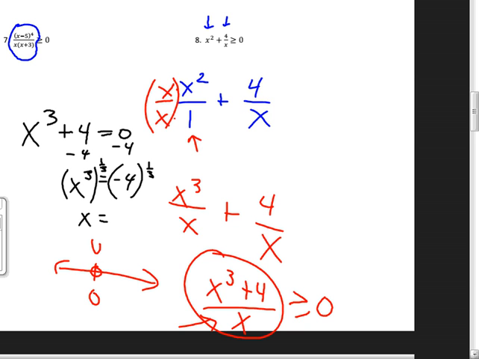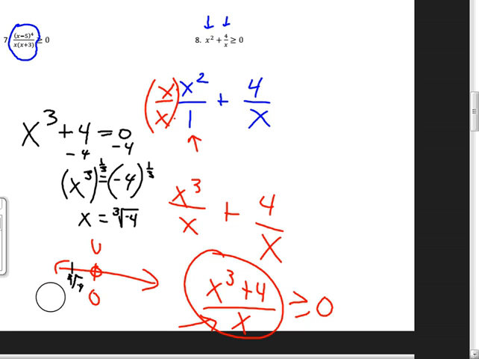So the cube root of negative 4 also looks like this. Do you get that it's some number bigger than 1? That's like negative 1 point something. So then I know it's like negative 1 point something. I'm going to call it the cube root of negative 4.